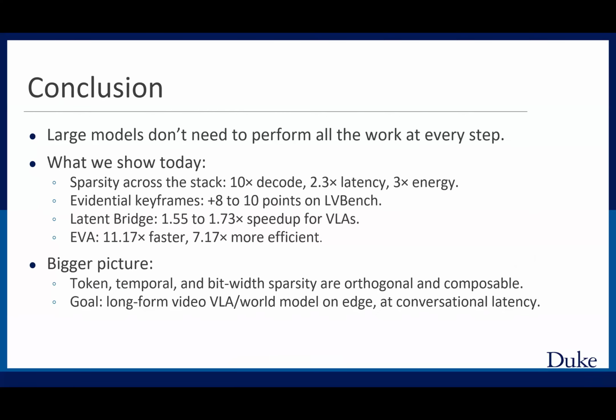I gave four examples from different angles, but they all represent the same theme: we believe that large models don't need to perform all the work at every step. The key is to identify the essentially important information, and we may skip the rest in terms of computation, memory usage, and data transfers.